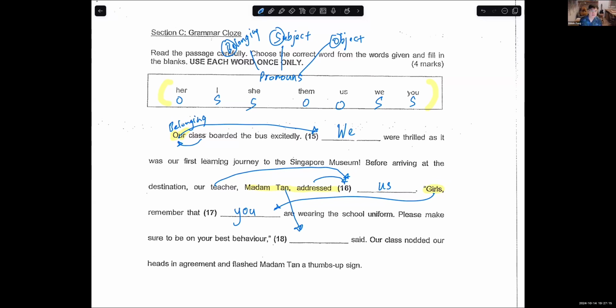Tammy? She, because Madam Tan is quite obviously a girl, right? So I have to use a female pronoun to describe Madam Tan. She is. Everybody clear? Quite easy, right? So this section, how many marks should you always aim to get? 4 out of 4, right? This should be a full mark section because all the clues are very obviously there and it's quite easy for you to achieve it, okay?